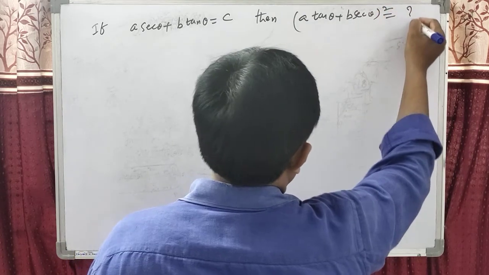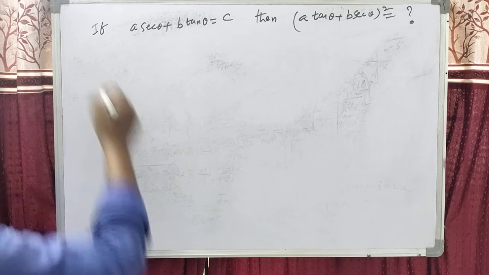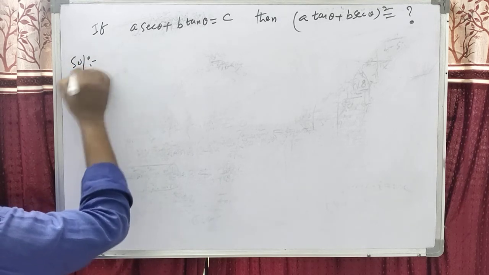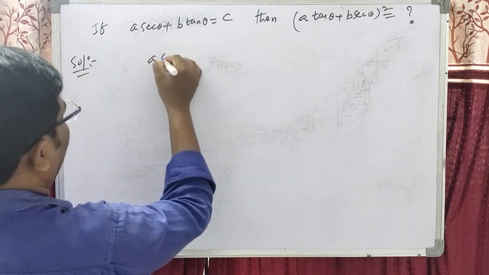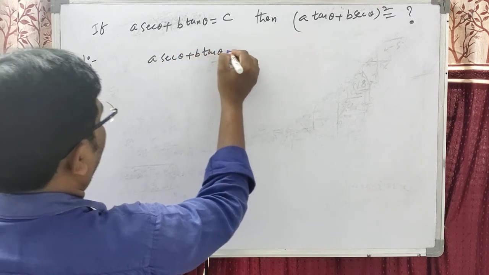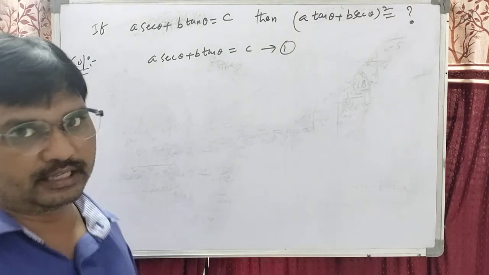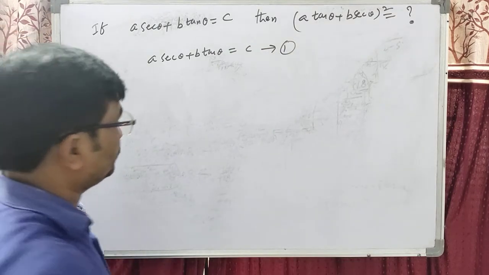Okay students, this is the question. First, we take A secant theta plus B tan theta equals C as equation 1.